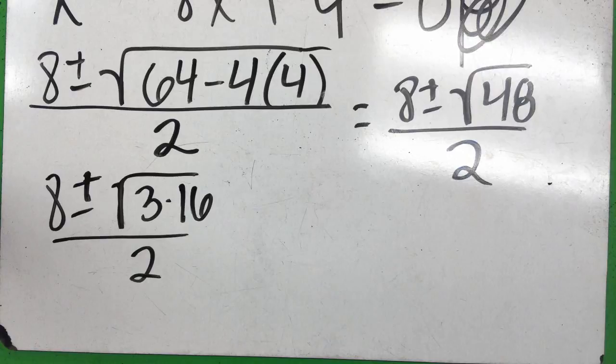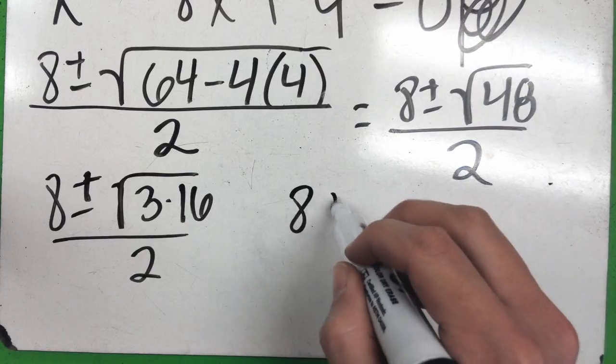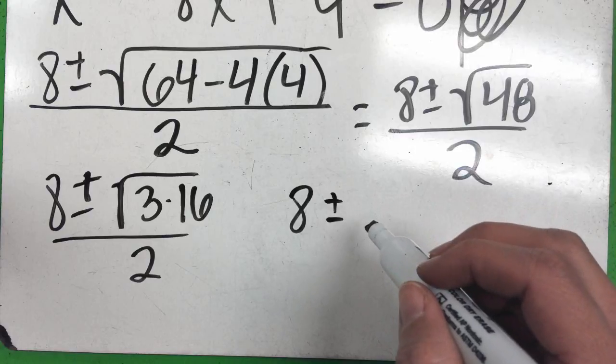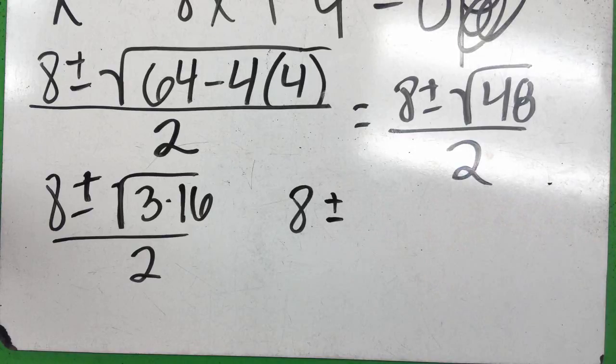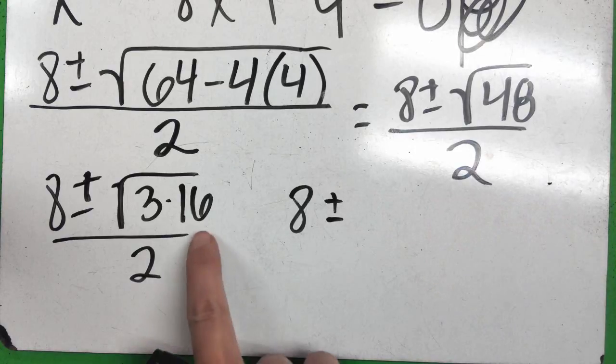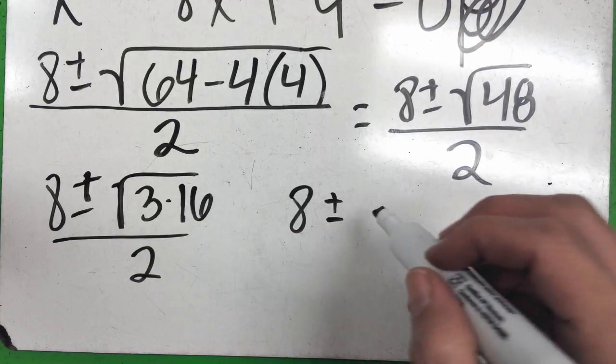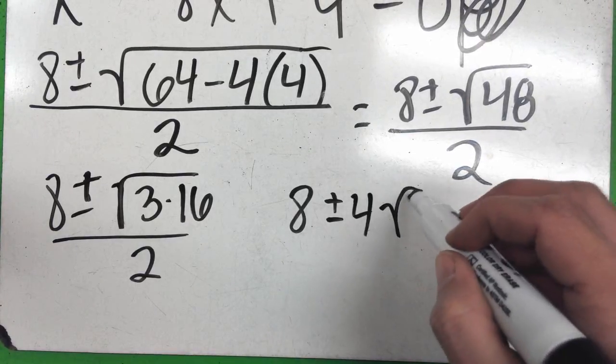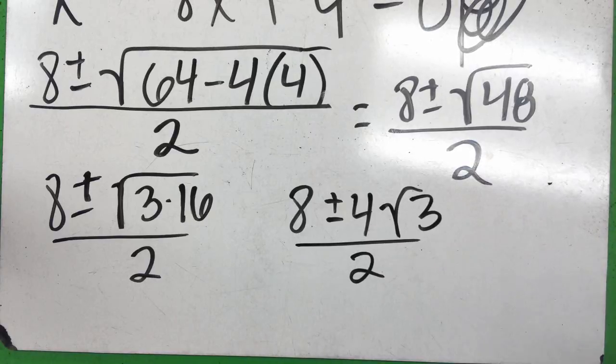And then to simplify this, we do what? Bring out the what? 4, good. Once we take the square root of 16, on the outside it'll be 4, right? Underneath the radical has to be what? 3 over 2. And the last part, we can simplify this because what goes into all of these?